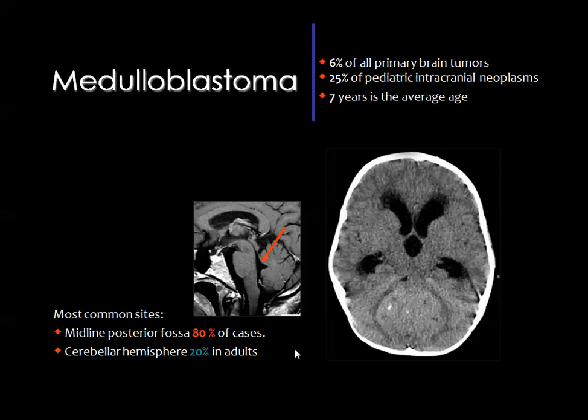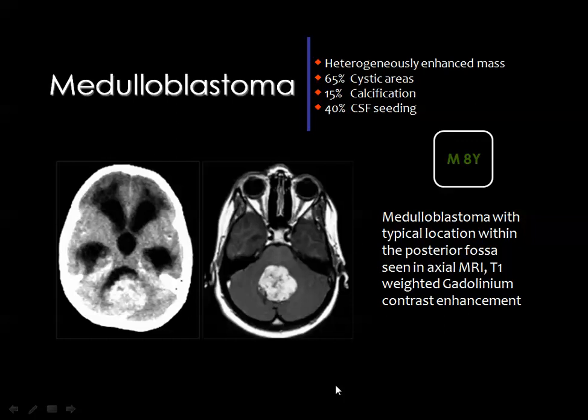And the fourth ventricle is usually obstructed and you got supratentorial hydrocephalic changes. Also, there is an incidence of calcium, but it is much less common than calcium within the ependymoma. Then, calcification in the medulloblastoma is in the range of 15%, and this tumor also produces CSF metastatic seedling similar to the ependymoma.